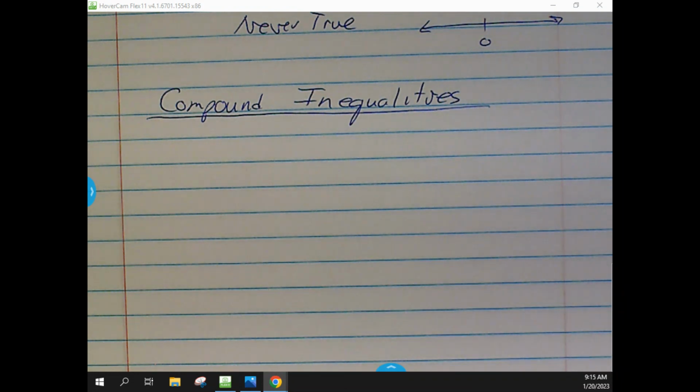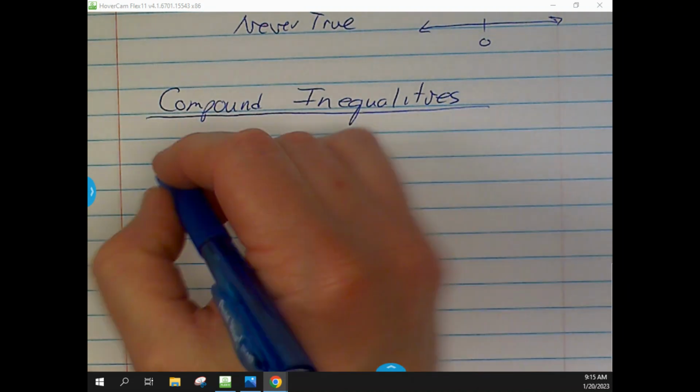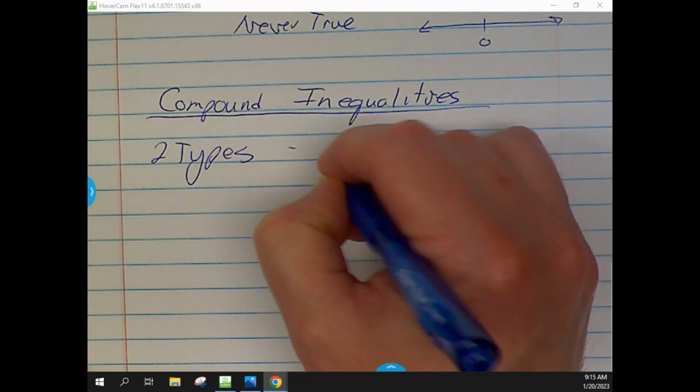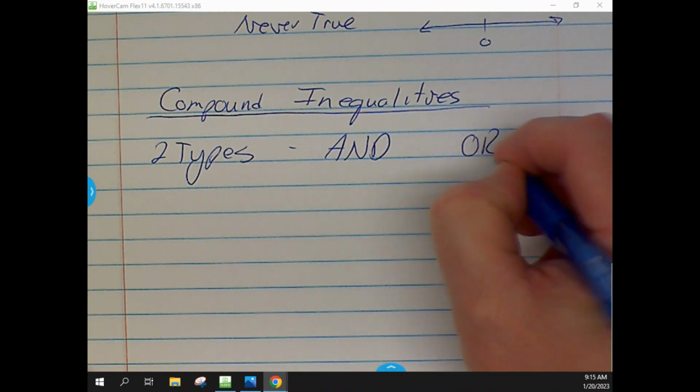All right, and there's basically two different types of inequalities that we're looking at. You have the ands, and you have the ors.